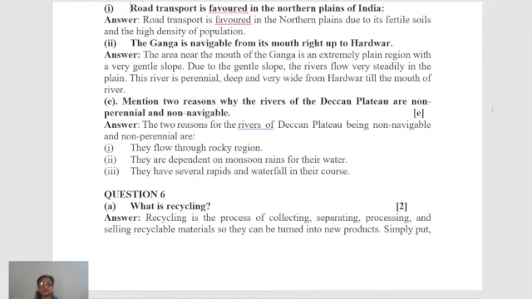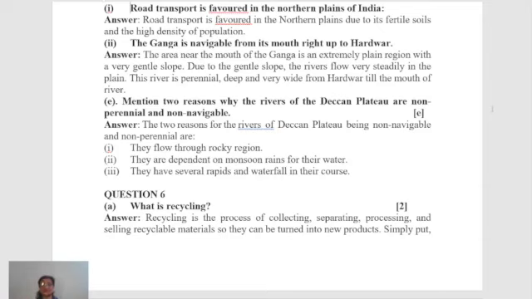Next question is, mention two reasons why the rivers of Deccan Plateau are non-perennial and non-navigable. The reasons are they flow through rocky region. Okay, surface is rocky. Next is they are dependent on monsoon rains for their water. Okay, all these rivers are seasonal rivers and they depend on monsoons. So when the monsoons are there, monsoon rainfall is there, these rivers have sufficient water.